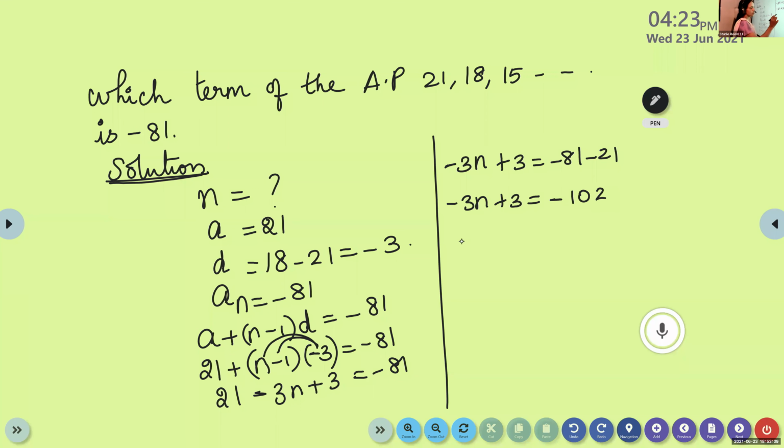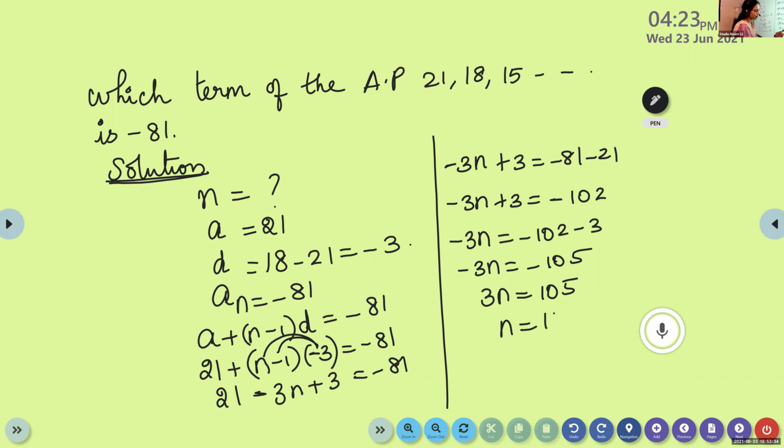So -3n is -102 minus 3. If you transpose it, it will become -3. So we get -3n is -105. Both sides are negative, we can cancel. So we get 3n is equal to 105.